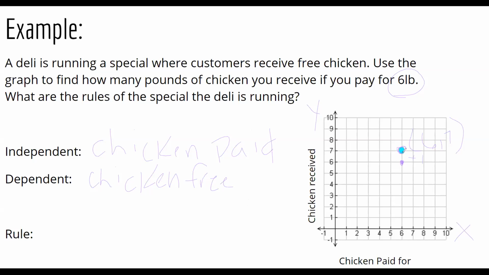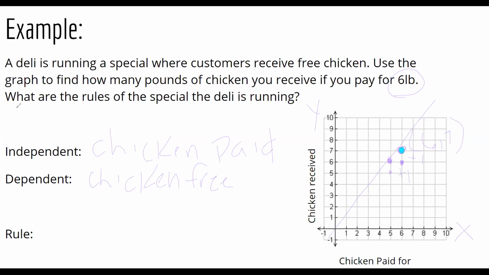Okay. So whenever you are doing this, that is going to be your rule. If I were to draw a line, and it's not going to be completely accurate, if I paid for 5 pounds of chicken down here and went up, and I know it's not exactly at 6, doing it on a computer without a ruler is a little bit more tricky. If I paid for 5 and it meets at 6, again, the difference would be plus 1.